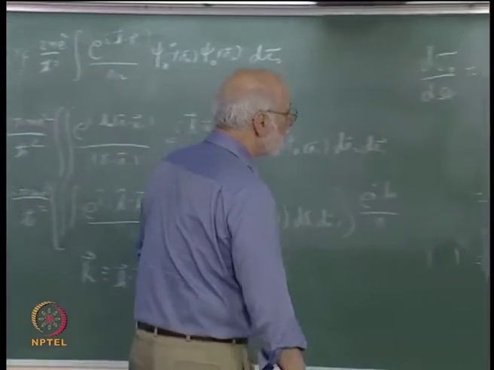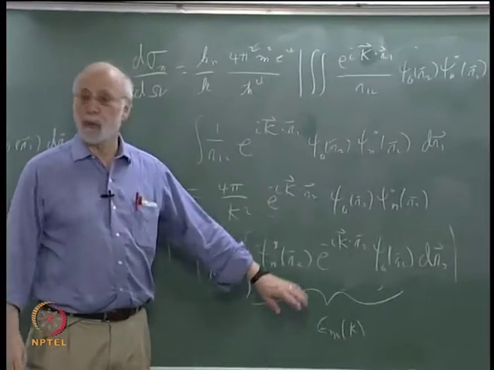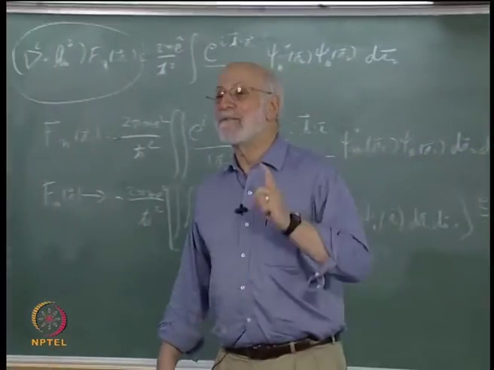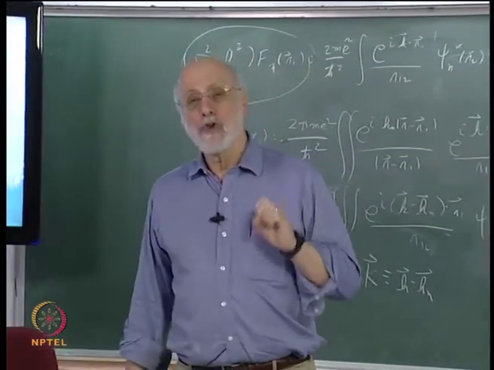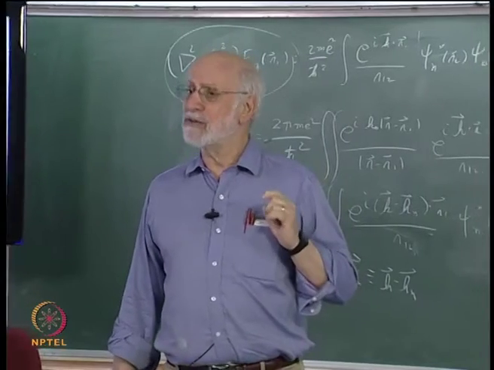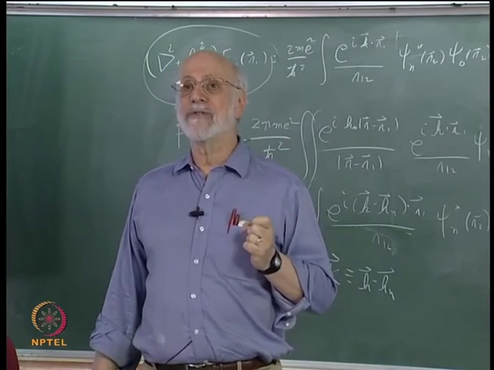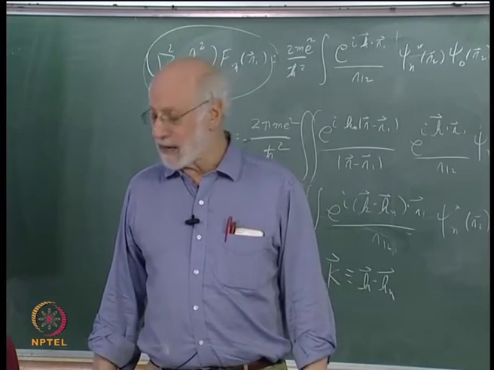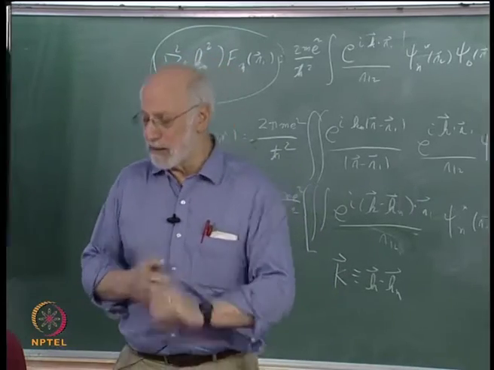But within the first Born approximation, which is applicable, again, for high energy collisions, you can get very, very good answers. When I say very good answers, I mean it agrees rather nicely with experiment in many, many cases. I guess since I've gone over time, I should stop here.